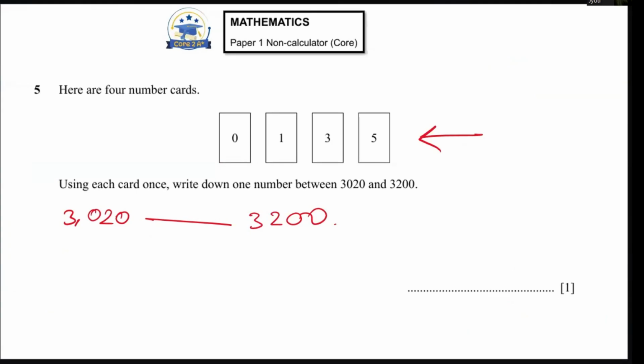So how can we do this? First, we have to start with 3. Agree with me? We cannot start with 0, 1 or 5 because of our range, right?